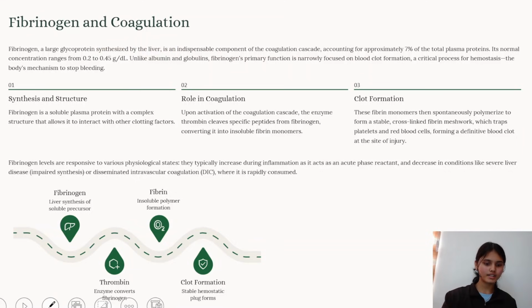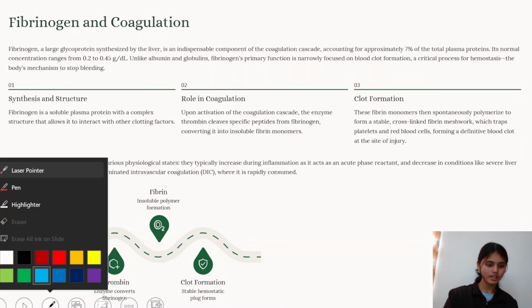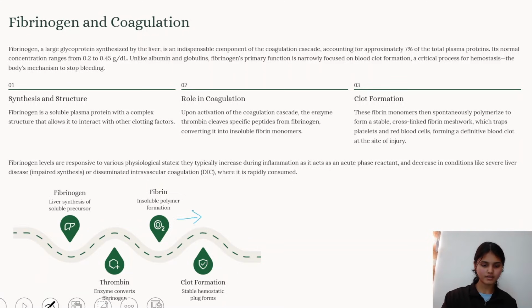Now I'm going to explain this entire thing with the help of the diagram. Fibrinogen, which is synthesized in the liver, in the presence of the enzyme thrombin, gets converted to fibrin. This fibrin results in a mesh-like formation on the area where there is a clot.